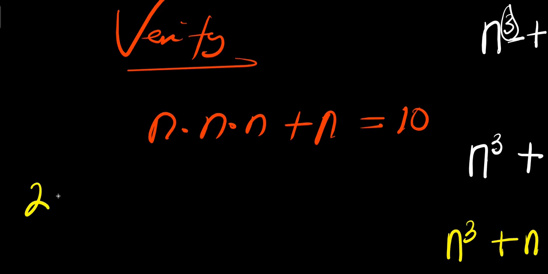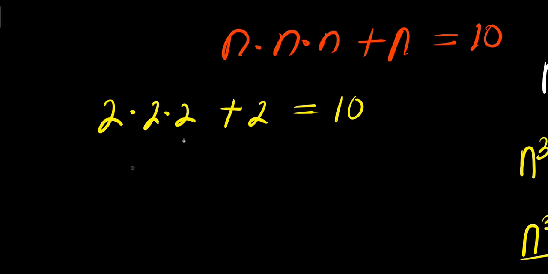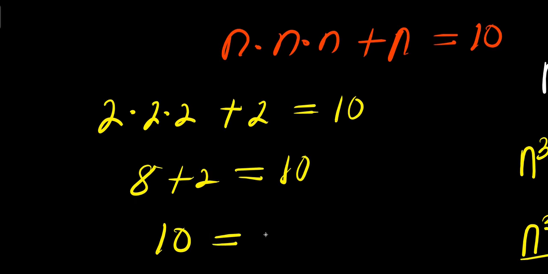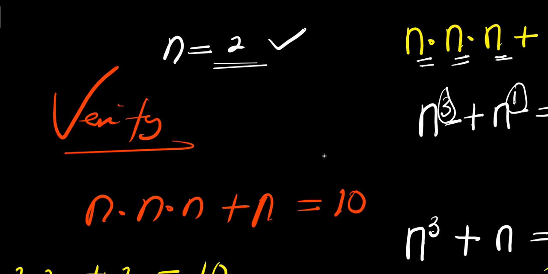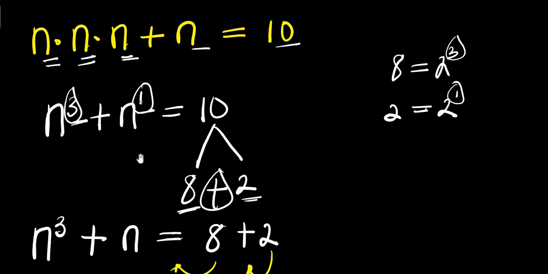So we have 2 times 2 times 2 plus 2 equals 10. 2 times 2 is 4, times 2 is 8, plus 2 equals 10. 8 plus 2 is 10, and this equals 10. That has satisfied the equation. So guys, this is how you solve this problem and find all values of n without skipping any step. Thank you and goodbye.